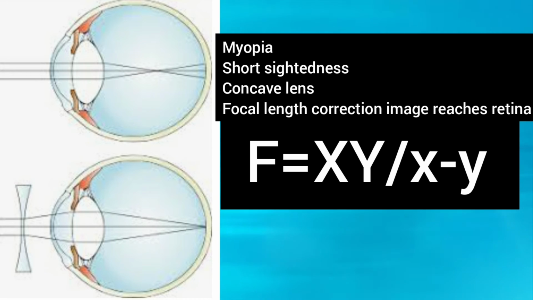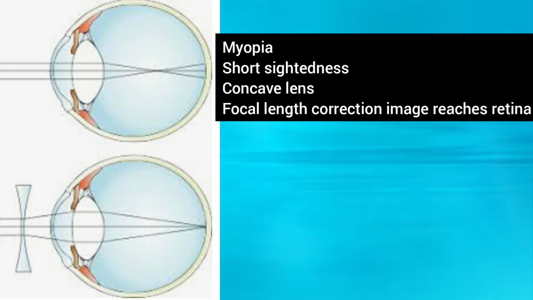So myopia is short-sightedness due to lengthening of the eyeball, and it can be corrected by a concave lens.